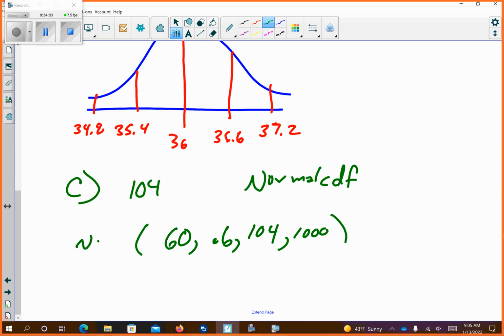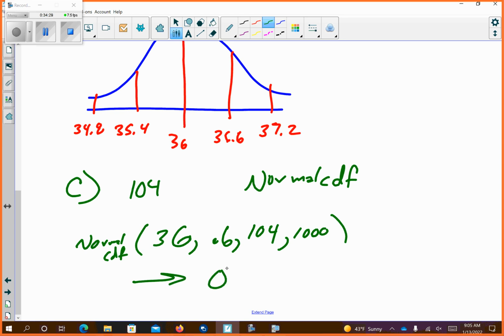Okay, so we do the normal CDF. How'd you get 60? Oh wait, that should have been 36, right? So you're trying to put in your population. Okay, so if you do this on your calculator, I think you get an answer of 0.